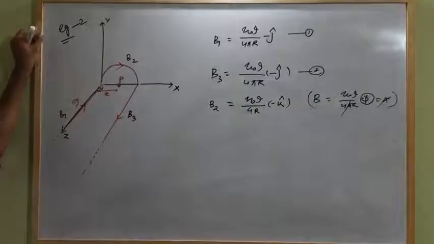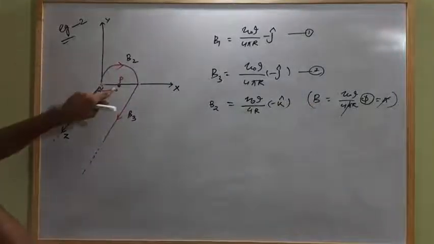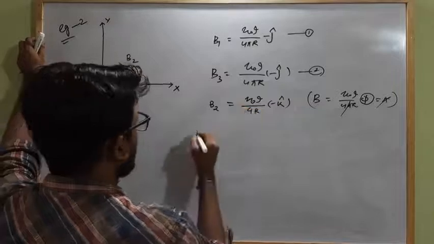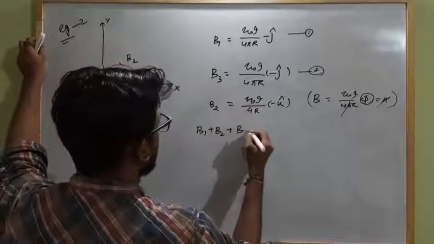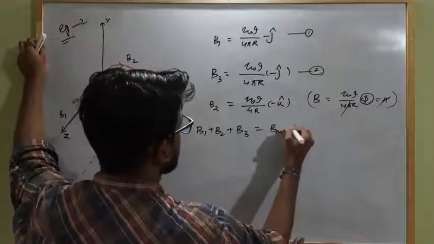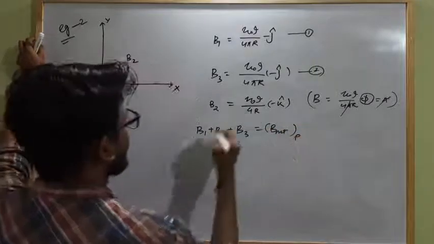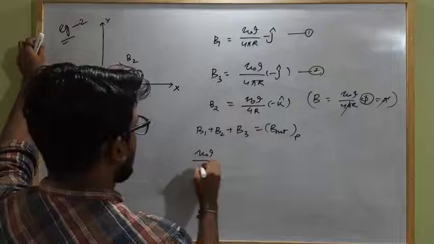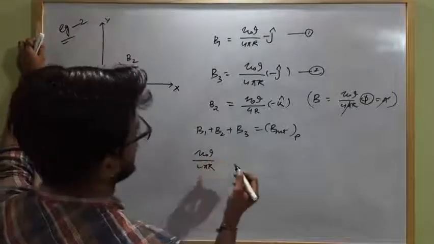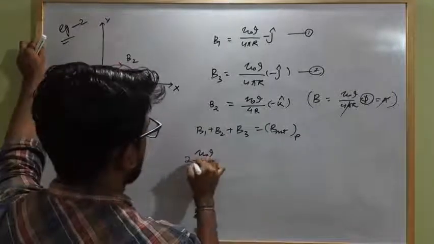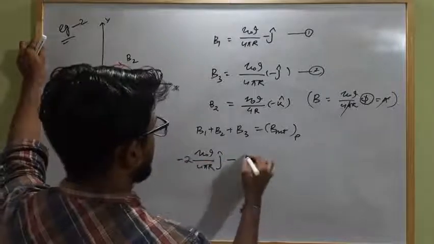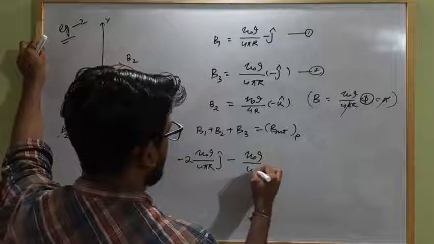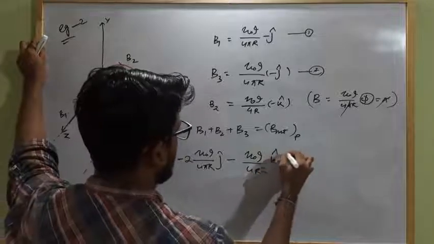Clear? Okay. So the net magnetic field strength at this point will be these added together. So B1 plus B2 plus B3 will be B net at P. So this will be mu naught I by 4 pi r into 2 minus j cap minus mu naught I by 4r k cap.